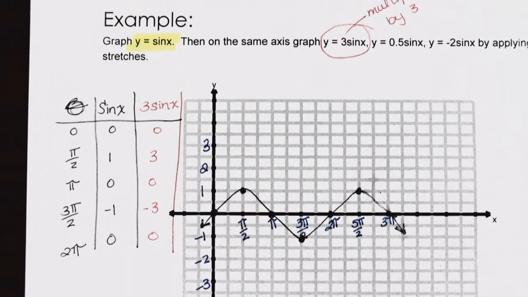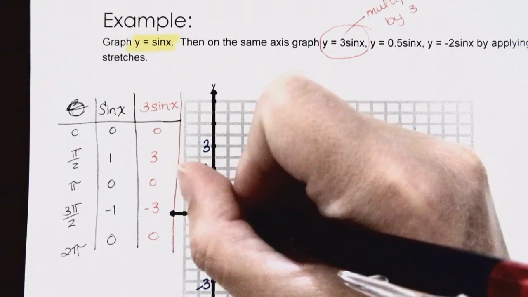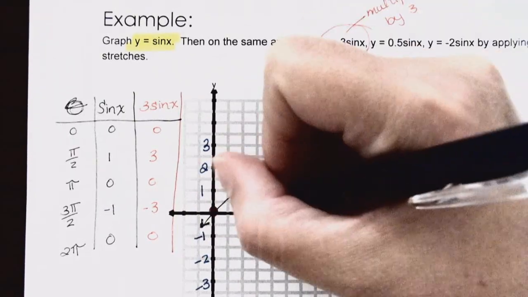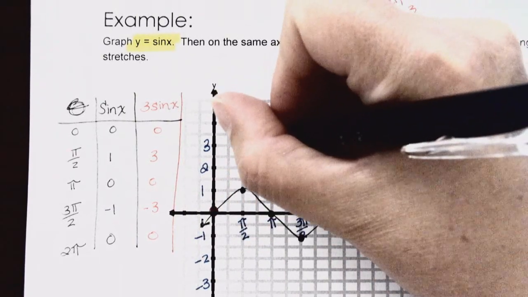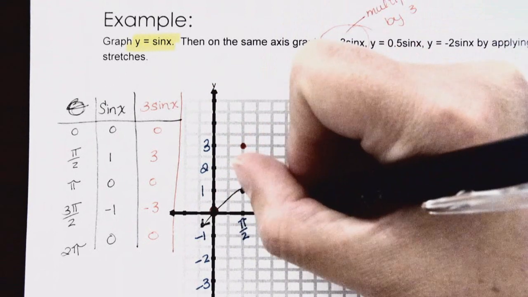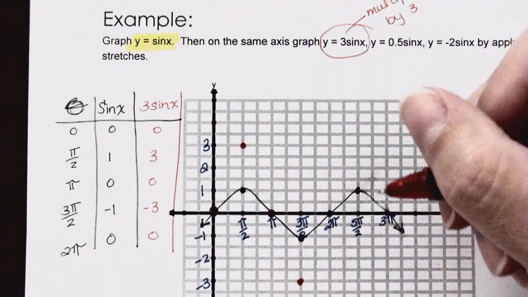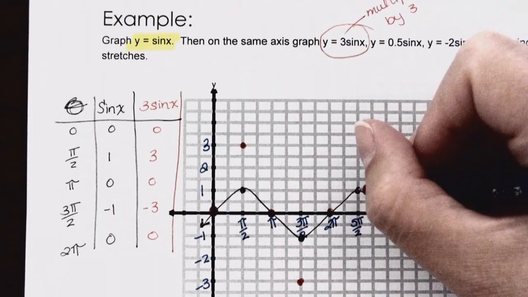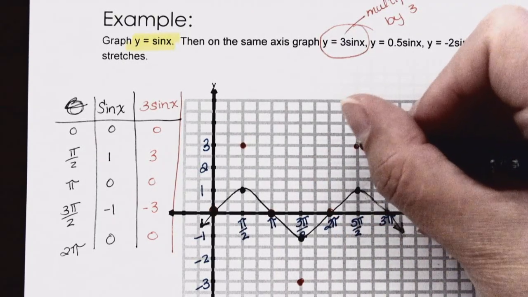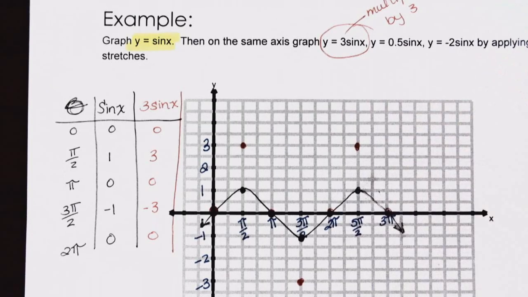So I'm going to graph this point. This point doesn't change. My pi over 2 now goes up to 3. My 0 doesn't change. This one goes down to -3. My 0 doesn't change. My maximum goes up to 3, and this guy doesn't change.